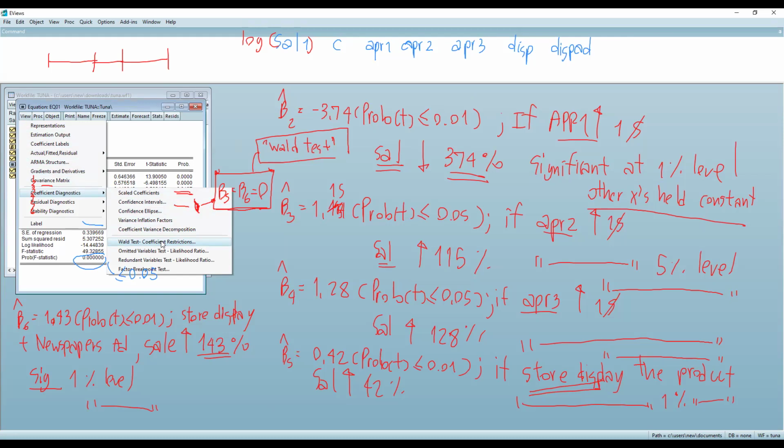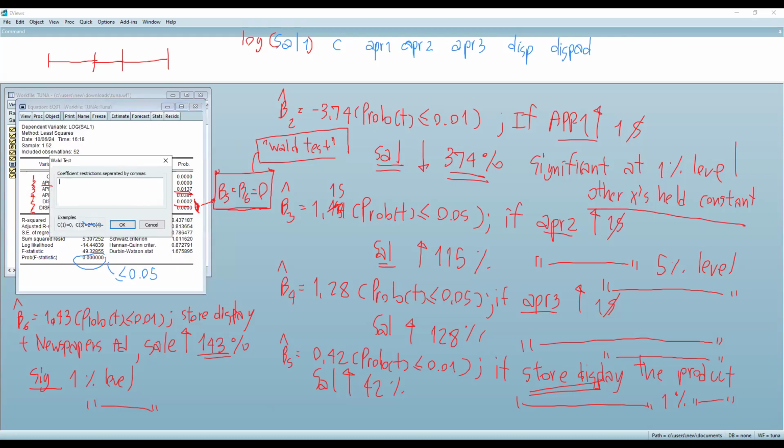Do you find it? Then type C5 equals C6 equals 0. Click OK.